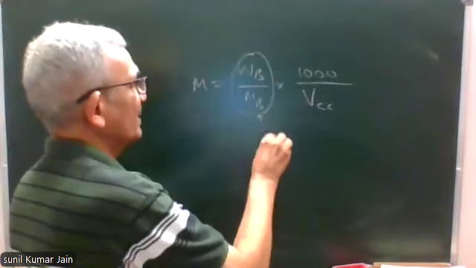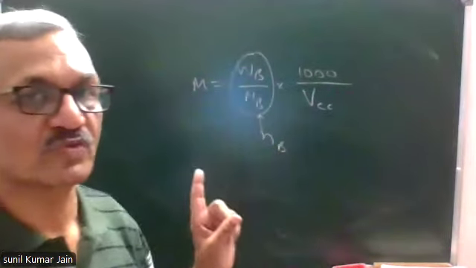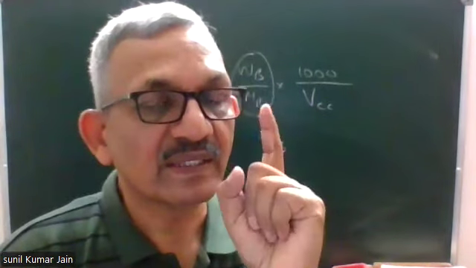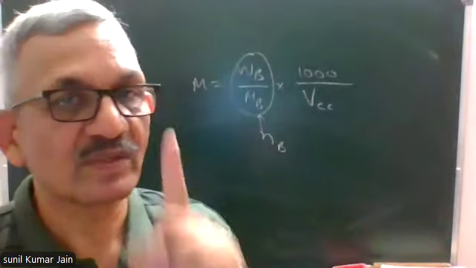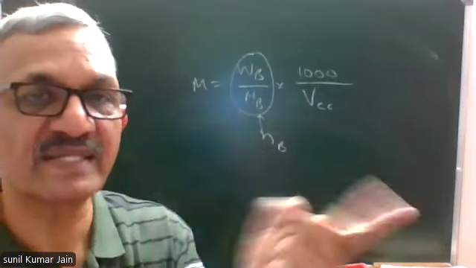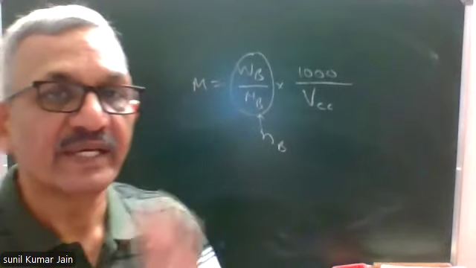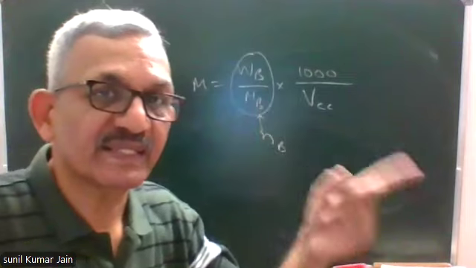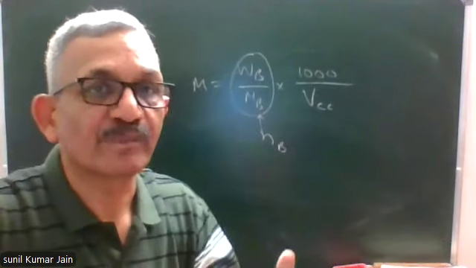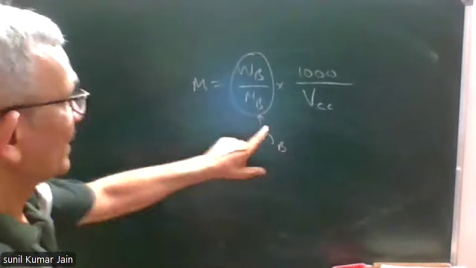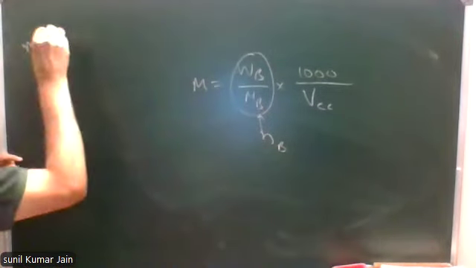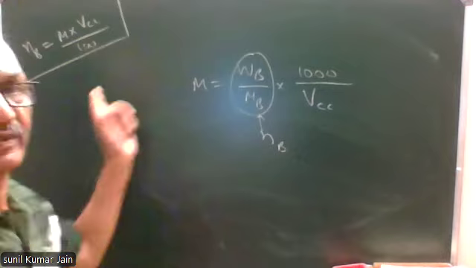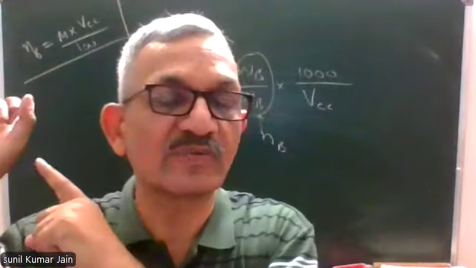And this part is nothing but n, number of moles of solute. During the reaction, when solutions are mixed together, then solutes are reacting together. Solvent will not react. Solutes present in solutions, they will react together. It means we'll have to calculate number of moles of solute present in different solutions which will react. So for that, we'll be using this formula. I'll write here. So number of moles of solute will be molarity into volume in cc divided by 1000. So we'll be calculating number of moles of solute by using the formula written in the corner.